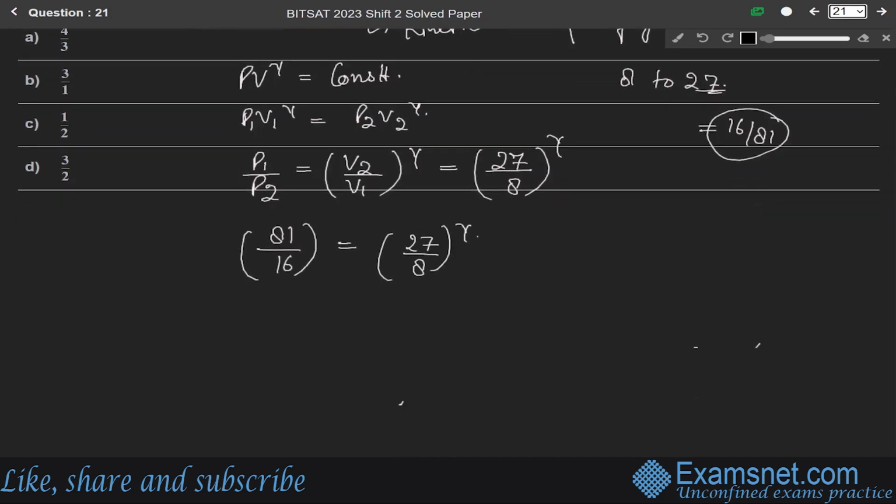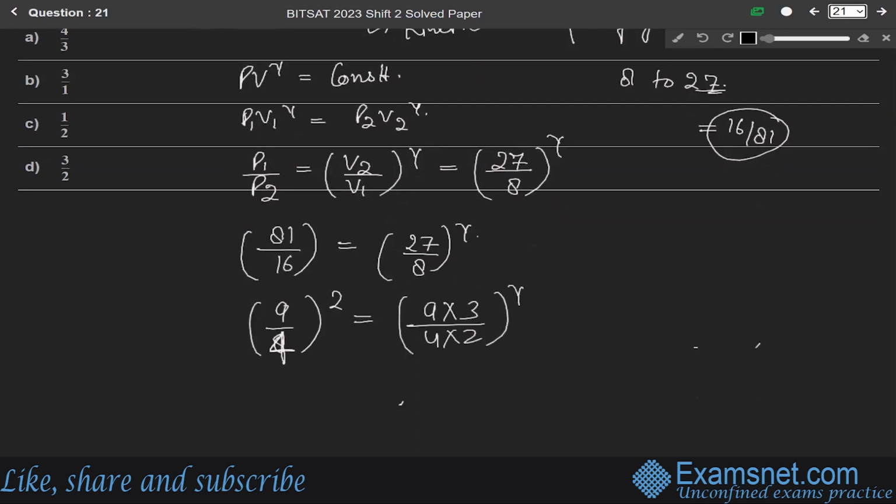So 81 by 16 is what? Sorry, it is 81, so it will be 9 by 4 whole square, not 9 by 8. It will be equal to (9 into 3 over 4 into 2) raised to the power gamma.